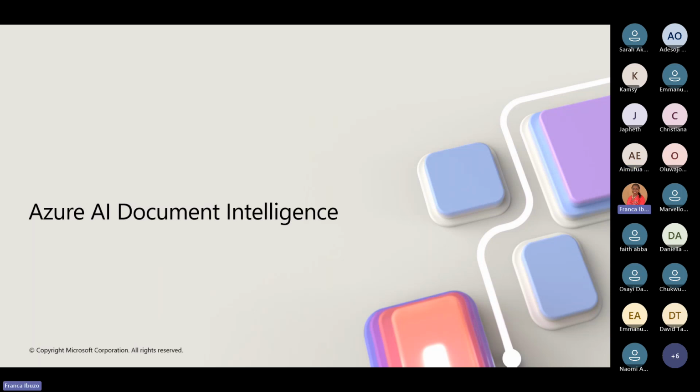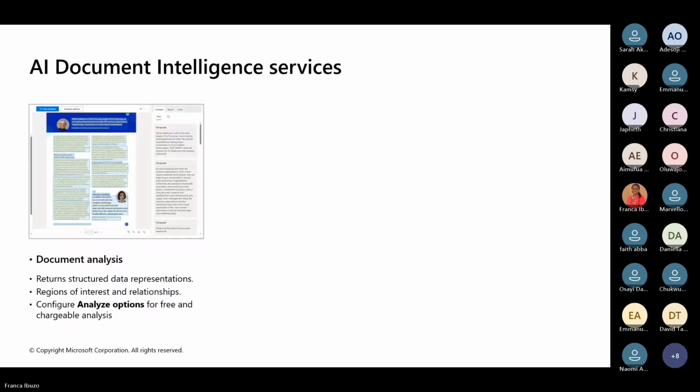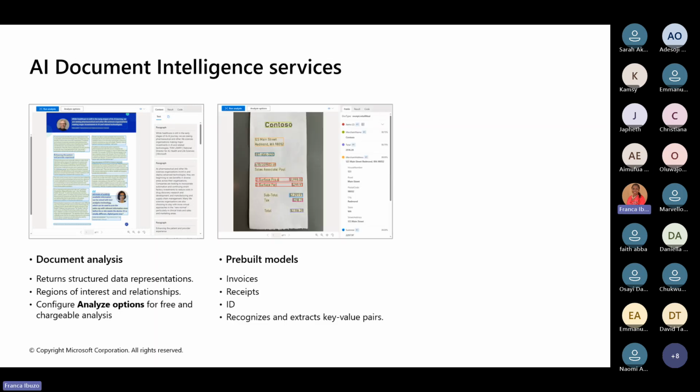So Azure AI Document Intelligence Services: document analysis returns structured data representations, regions of interest and relationships, and configure analyze options for free and chargeable analysis.